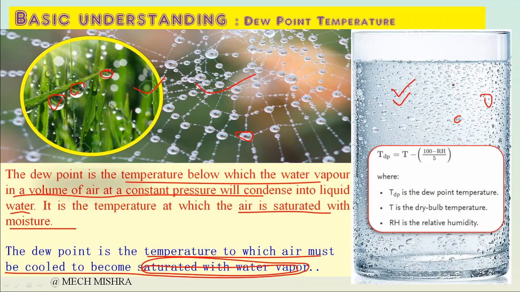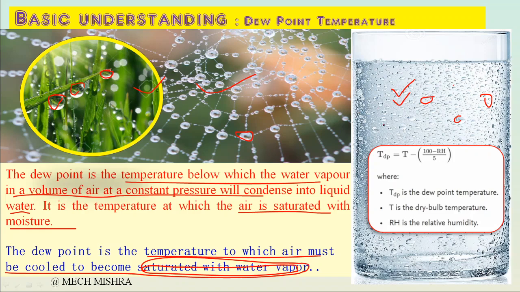Earlier it was dry, but when you put the icy water in, the surface temperature of the glass goes down, and at that surface temperature the nearby air becomes saturated and the moisture in the air gets condensed on the glass. So that's the basic philosophy of the dew point temperature and dew point condensation.